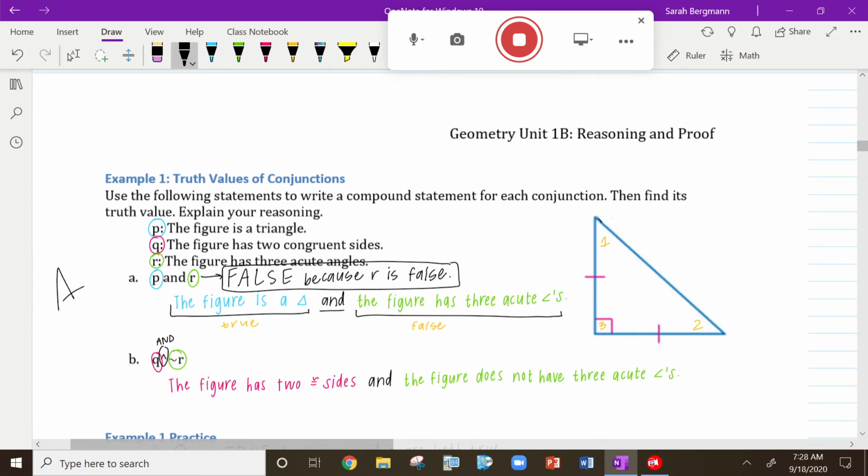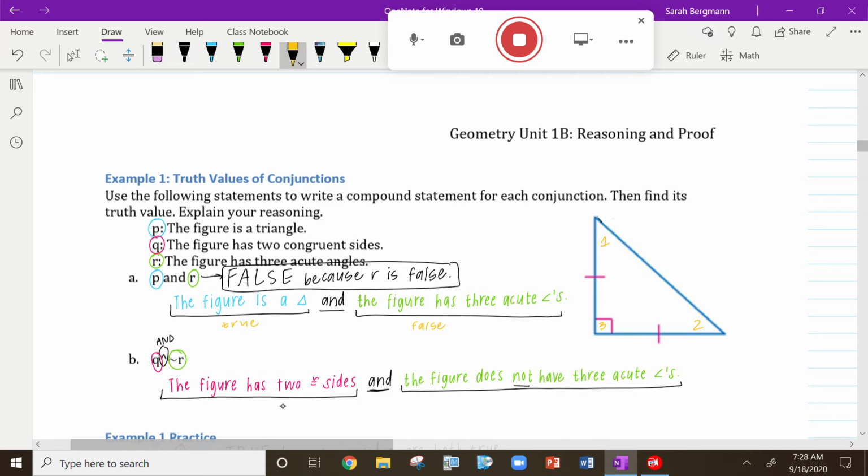So I know this is Q and R. So I write down statement Q. The figure has 2 congruent sides. Then I write the word and. Then I write statement not R. So remember that would mean statement R, but add the word not in. So, and the figure does not have 3 acute angles.